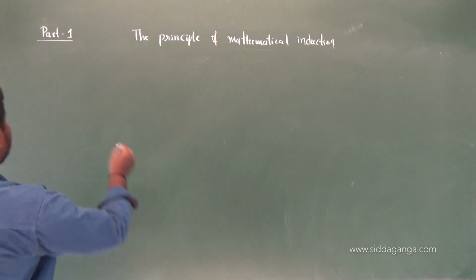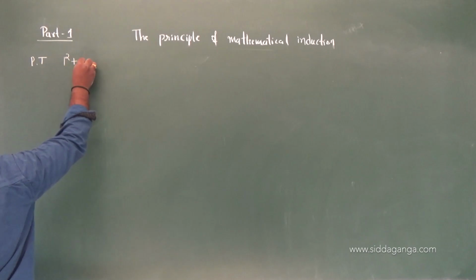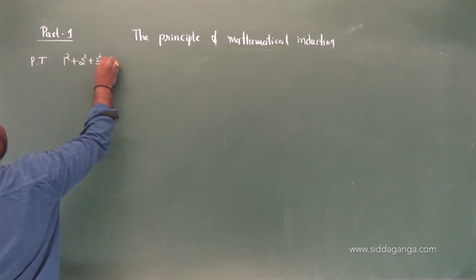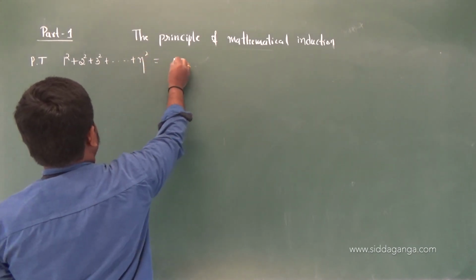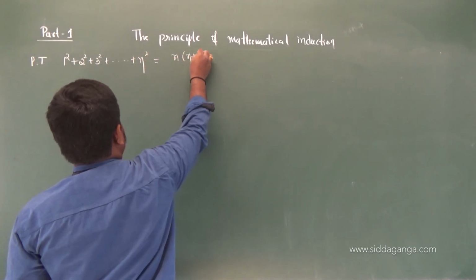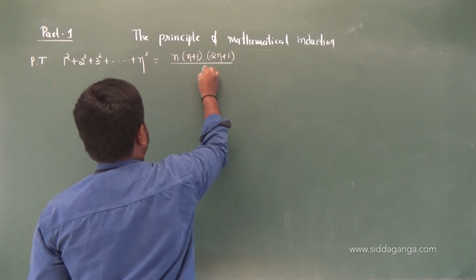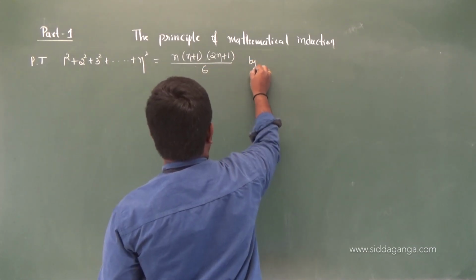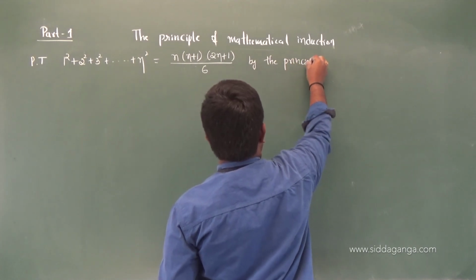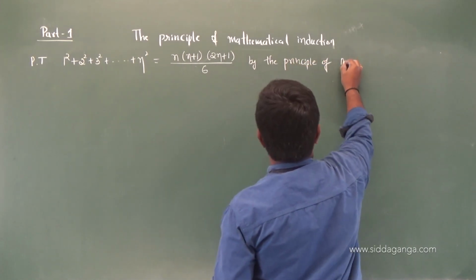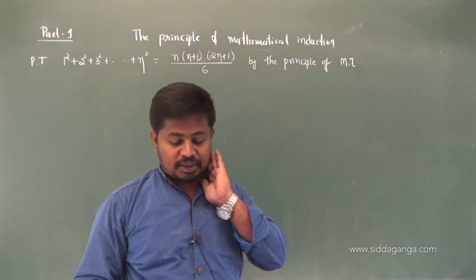For example, prove that 1 square plus 2 square plus 3 square and so on till n square, the sum of the first n squares of natural numbers, is equal to, as we know the result, n into n plus 1 into 2n plus 1 by 6, by the principle of mathematical induction. MI means mathematical induction and not your MI, right?